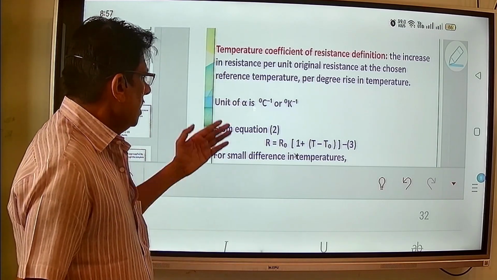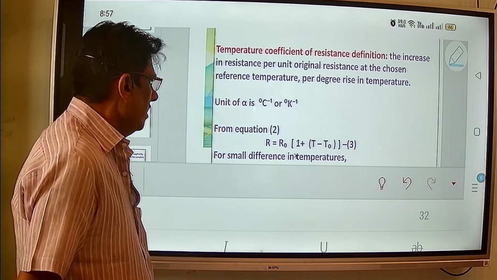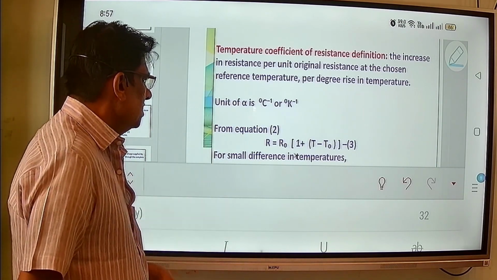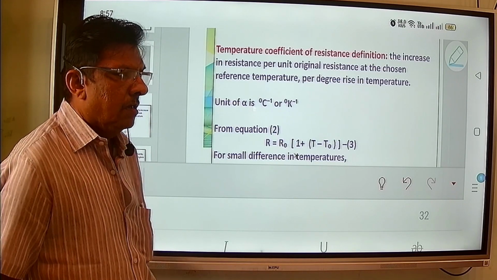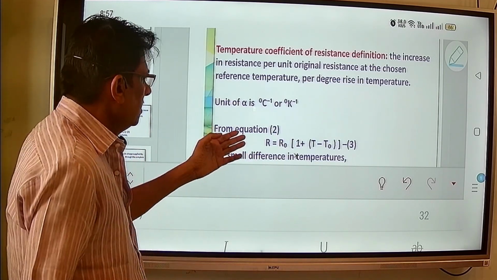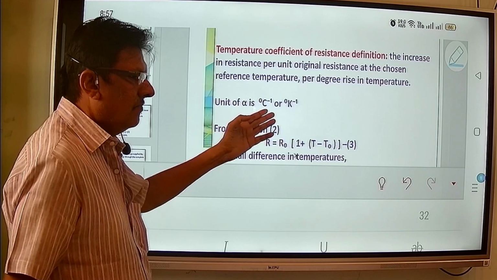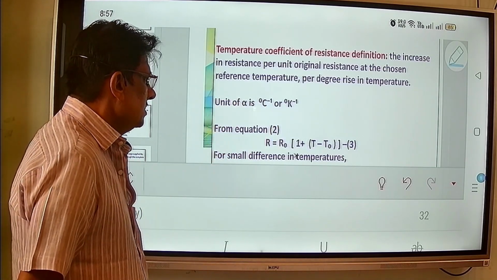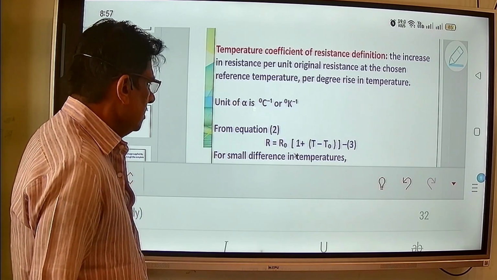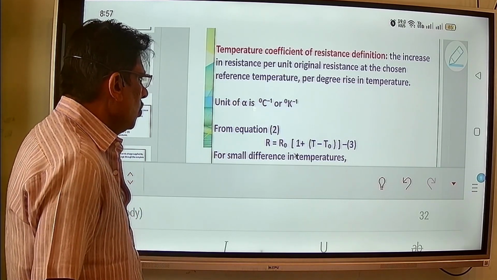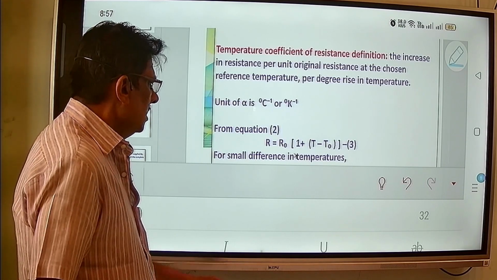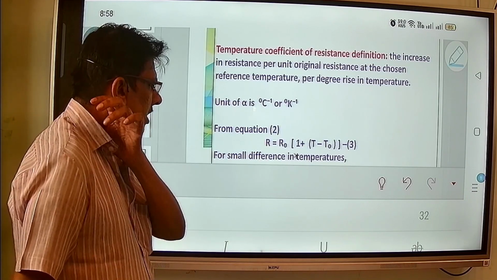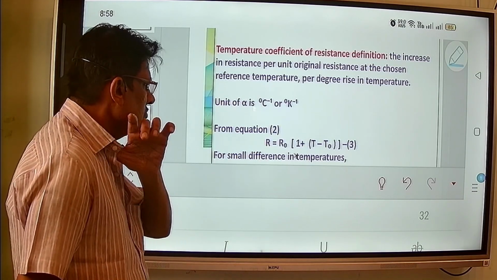If you put the units in the alpha equation, we get the unit per degree Celsius or per degree Kelvin. From equation 2 which we have seen earlier, we have that R is equal to R0 into bracket 1 plus alpha (T minus T0).